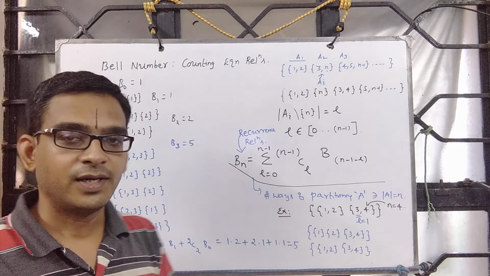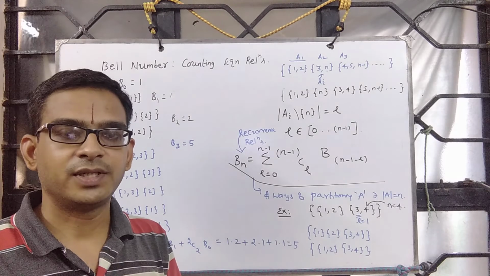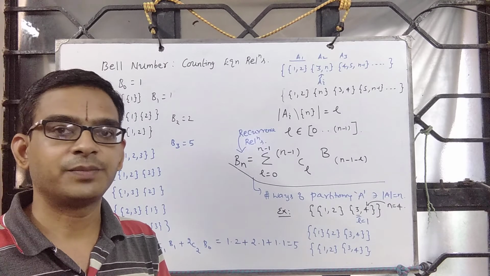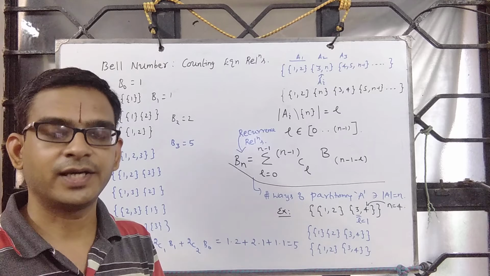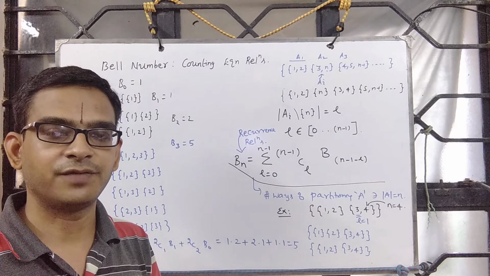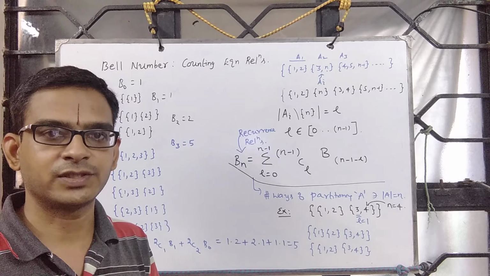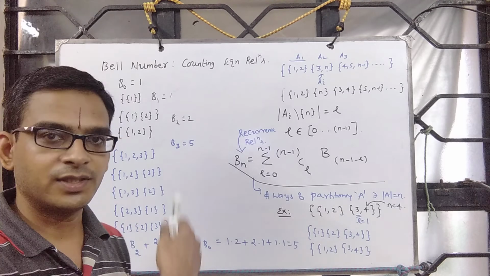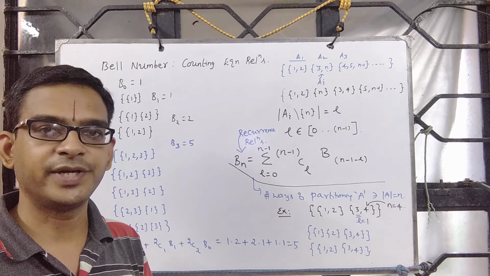So often direct counting may not be possible. This kind of modeling and subsequently doing indirect counting via recurrence relations is something we come across when we do advanced combinatorics. Combinatorics is a field in mathematics that deals with this kind of counting.